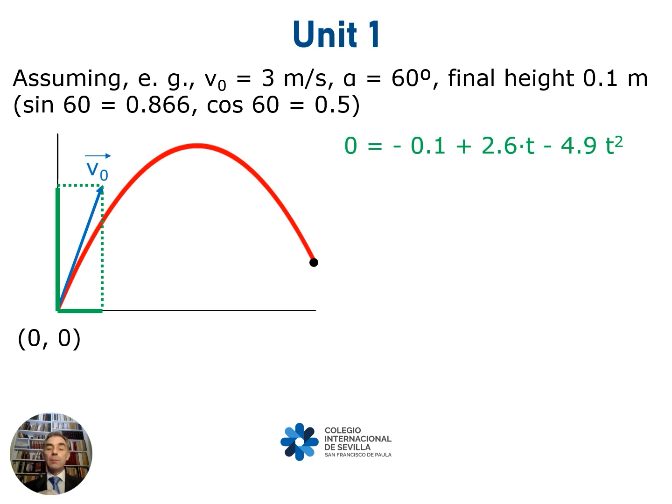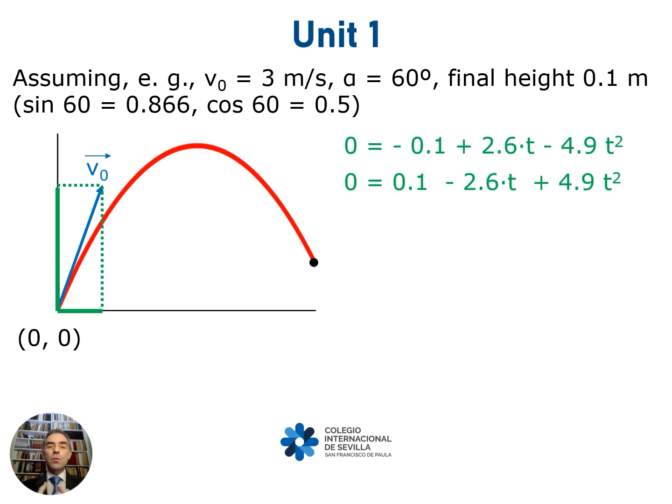Therefore, we can multiply the entire equation times minus 1 and change the sign of each and every term in the equation. If we do that, we obtain that 0 equals 0.1 minus 2.6 times time plus 4.9 times time squared.